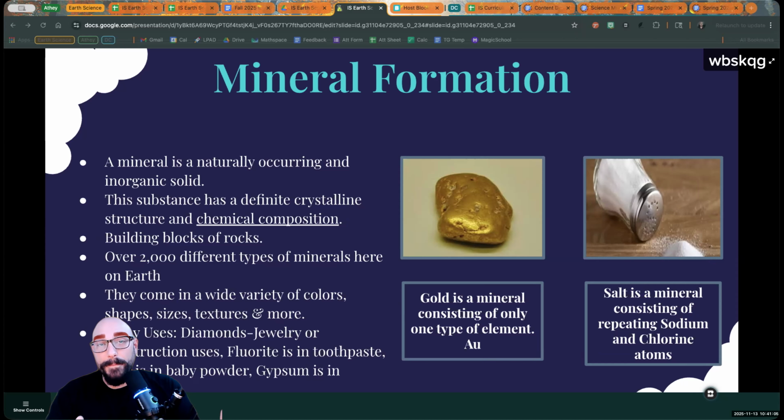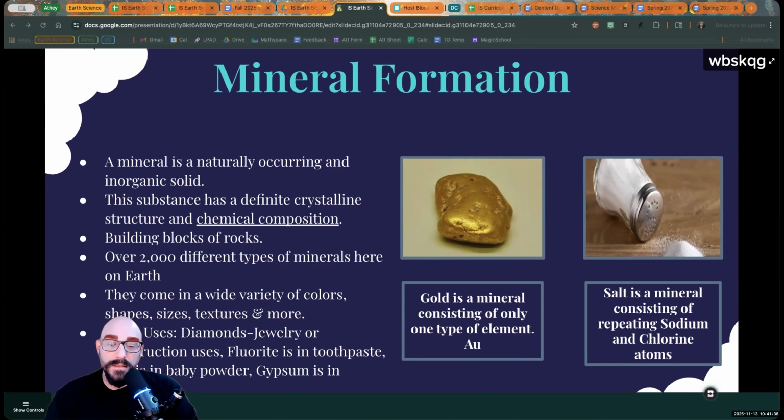Okay. So a mineral is a very specific type of solid. It's naturally occurring, so you'll find it in nature, and it's inorganic, which means there's no carbon. It also has a definite crystalline structure.